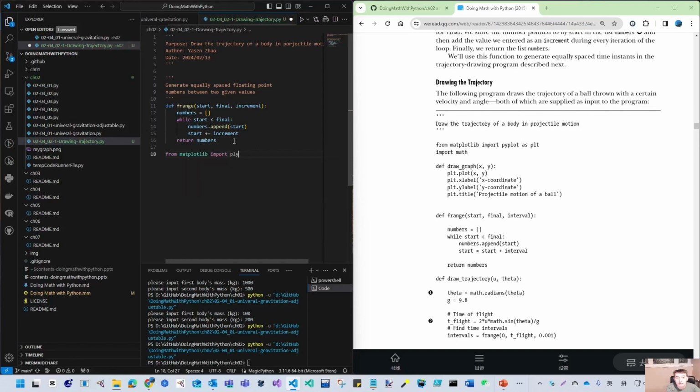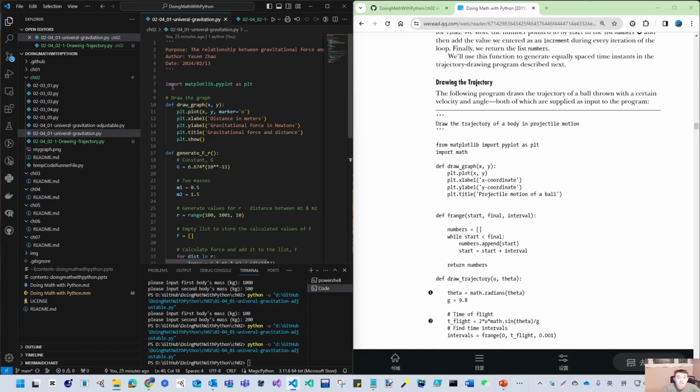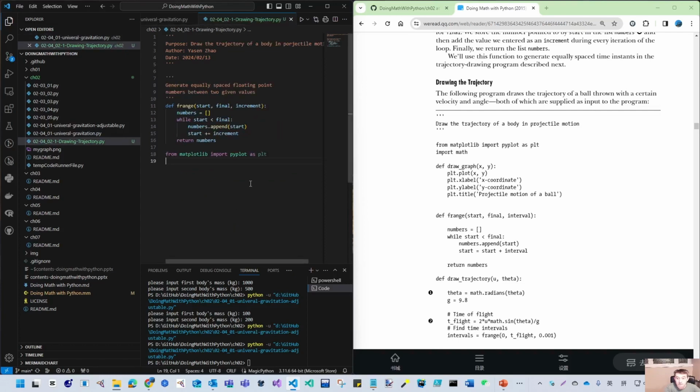So import pyplot as plt. So this is running from this import this as, similarly to import this as. That is the same way.